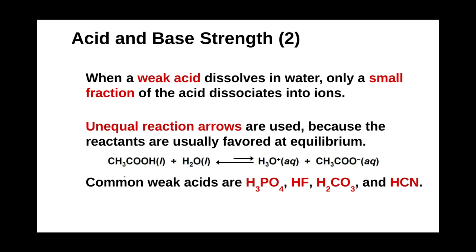So if we have a very weak acid, acetic acid, that reacts with water, we form hydronium and its conjugate base, whose name I forget off the top of my head. Because acetic acid, the acid in vinegar, is a very weak acid, it favors just staying as an acid in water. Common weak acids that we're going to see include carbonic acid, H2CO3, which is pretty common, and hydrofluoric acid, which is relatively weak.